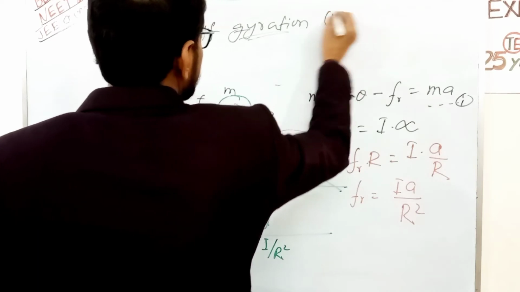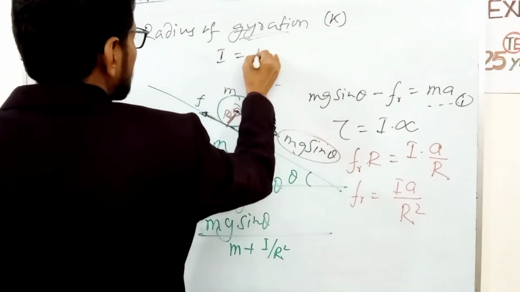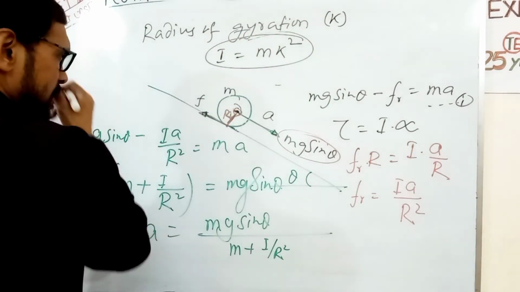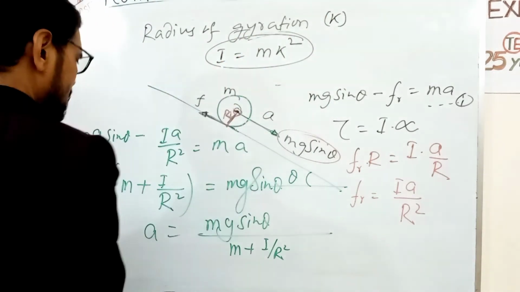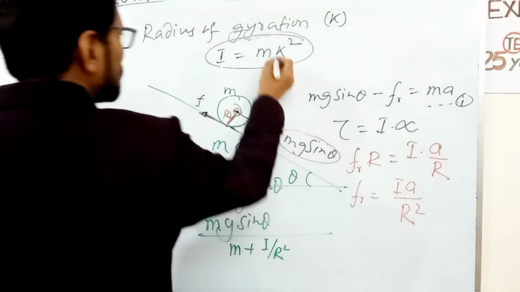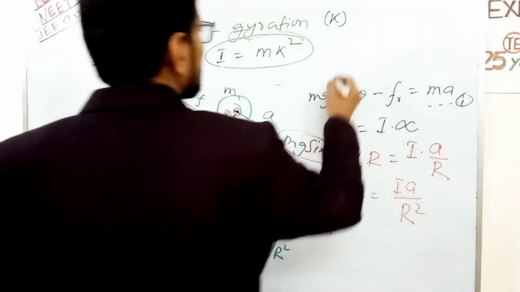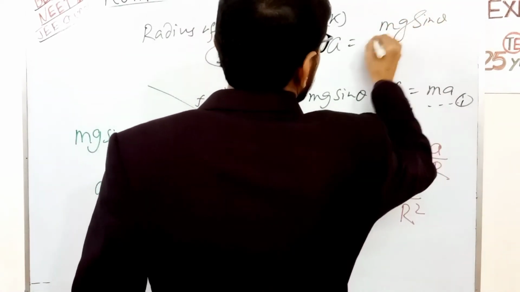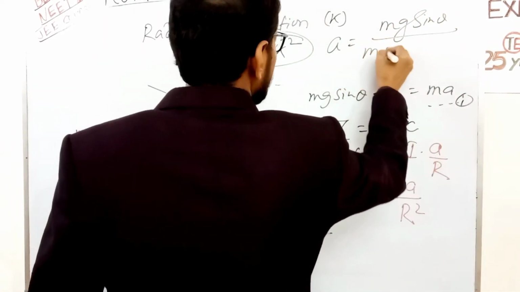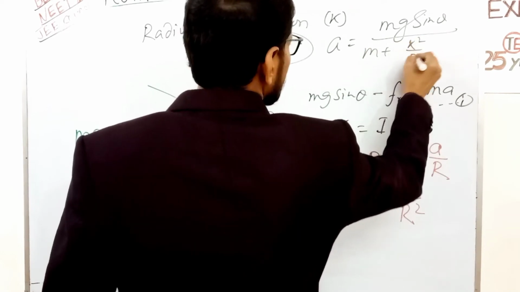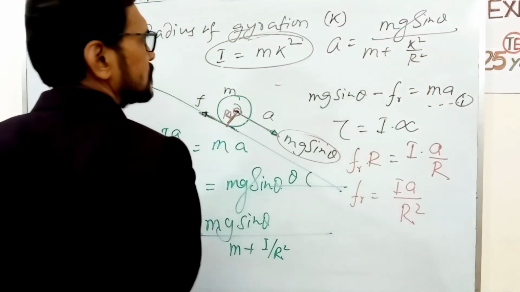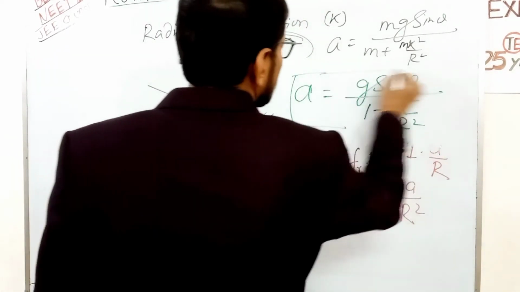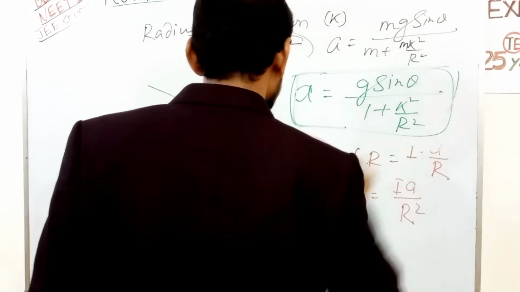If the radius of gyration is k, then by definition I equal to m k square, where I is the moment of inertia. So if we put I equal to mk square here, what is the result? a equal to mg sin theta by m plus m k square by r square. This is the result for the acceleration.